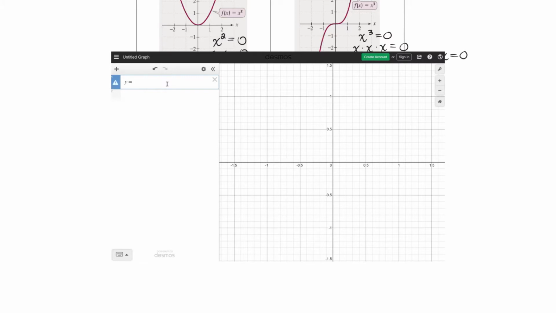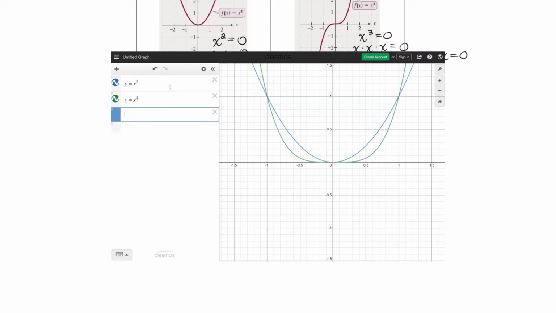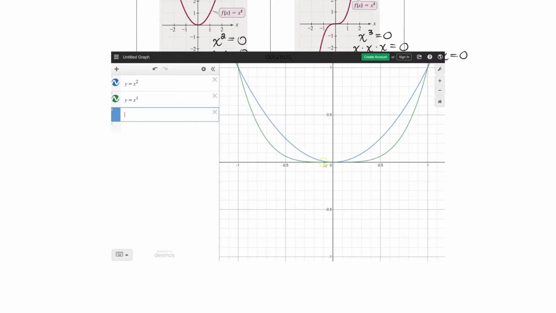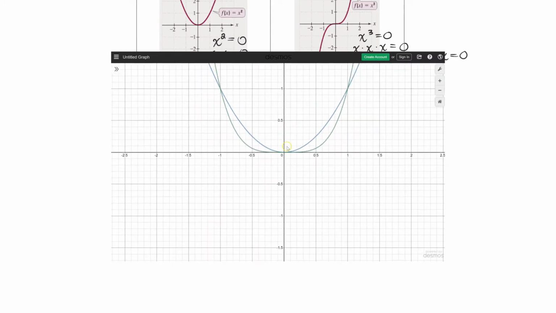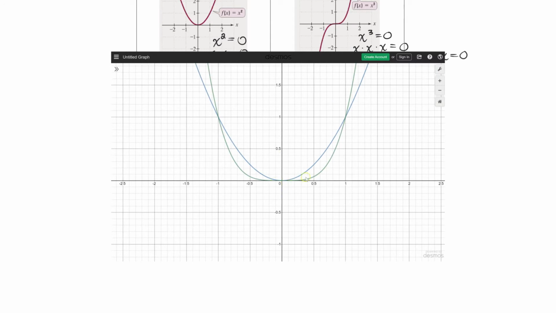First I graphed y equals x squared, and I see my quadratic. And then I graphed y equals x to the 4th. I want you to notice that the graph gets much flatter close to that 0 for x to the 4th than it does for x squared.